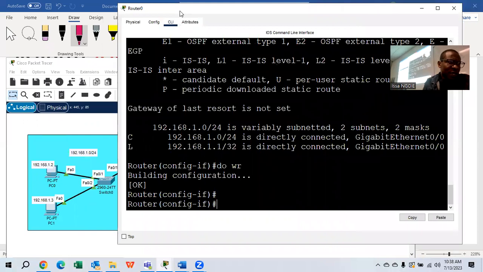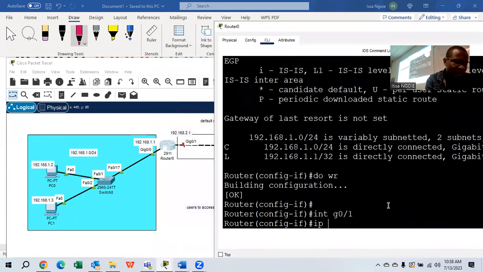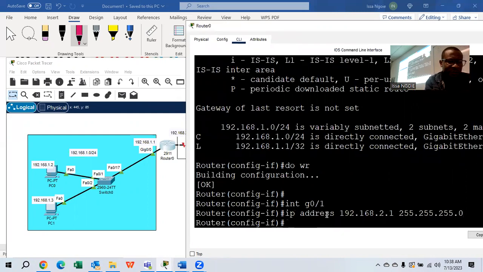Which router I'm using? Okay, this one. Interface 0/1, IP address 192.168.2.1. All right.